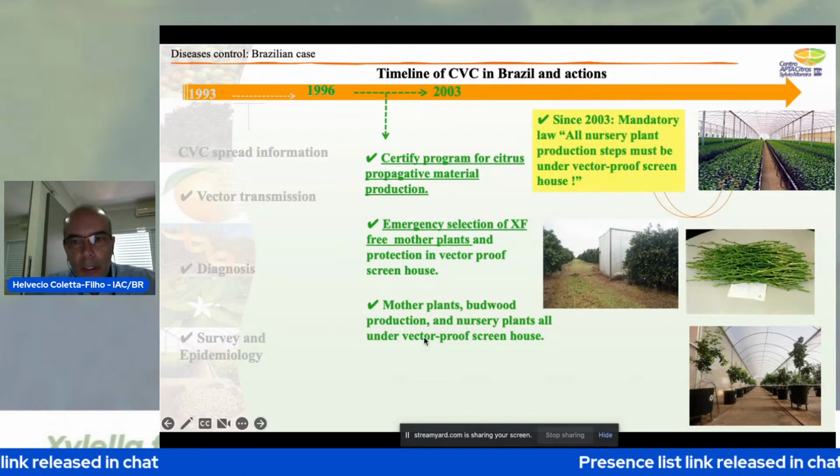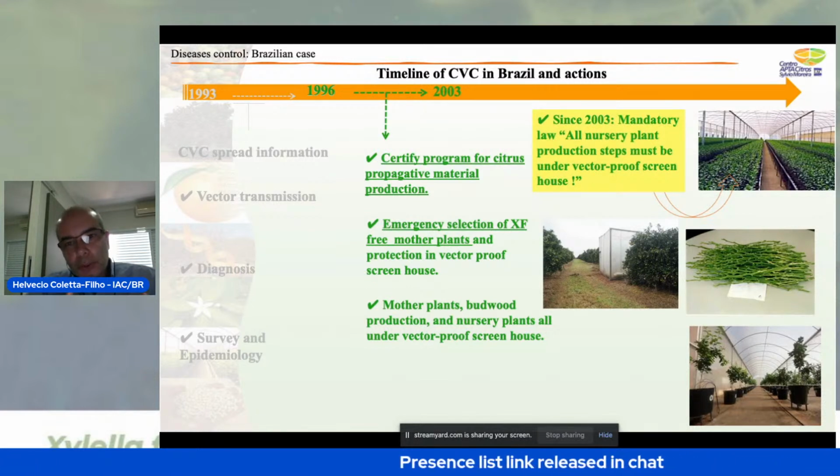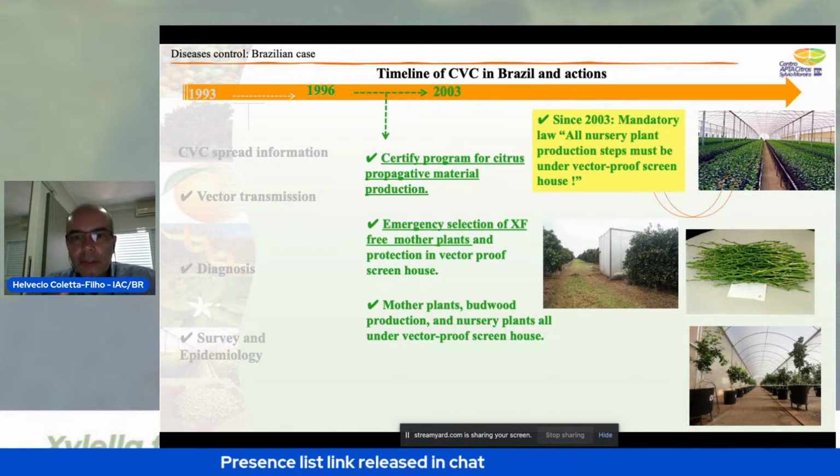Since 2003 this program has been mandatory in São Paulo State.